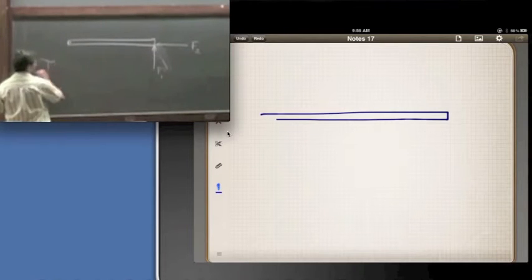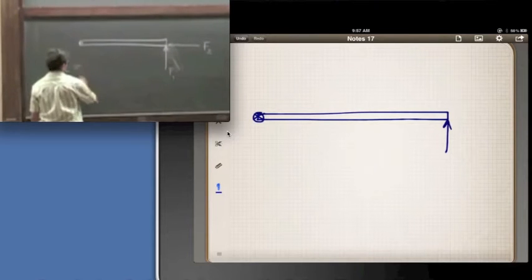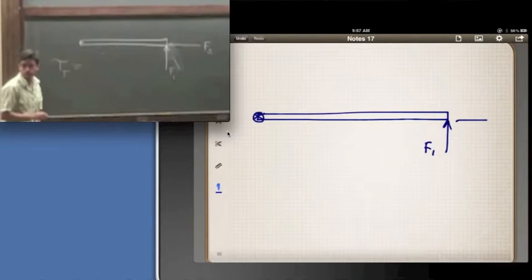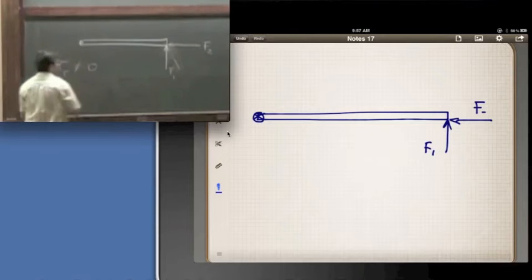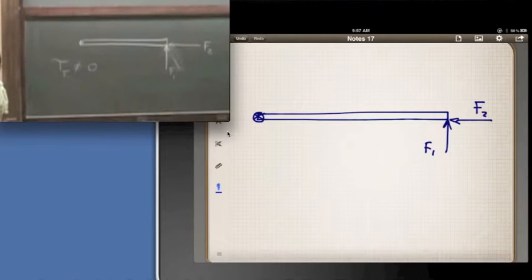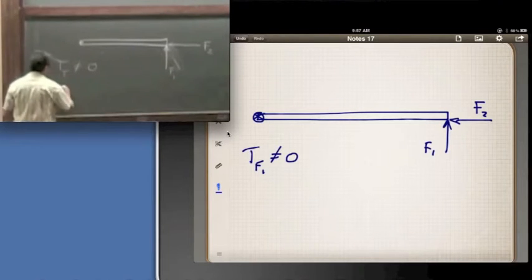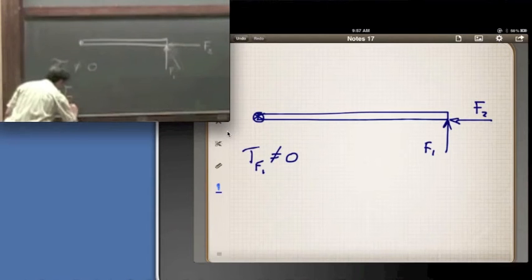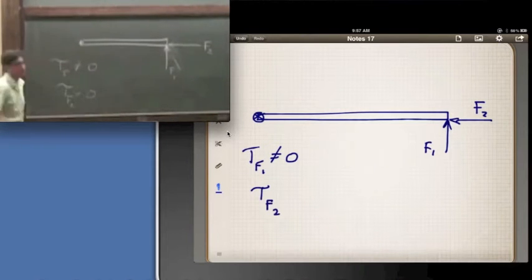The torque, the ability of F1 to cause rotation, is definitely different from 0, right? It has some ability to cause rotation. When you apply that force, you get this object, this door, to open, to rotate. But clearly, the torque of force 2 is 0, because that force has no ability to cause rotation.